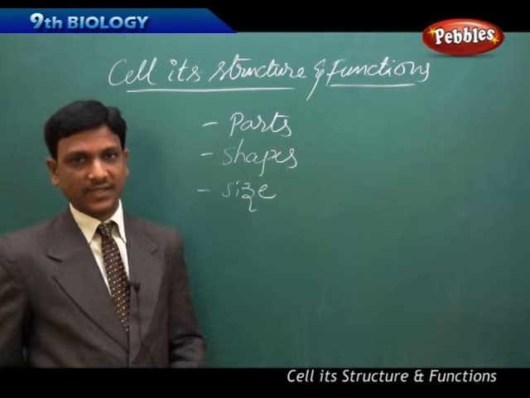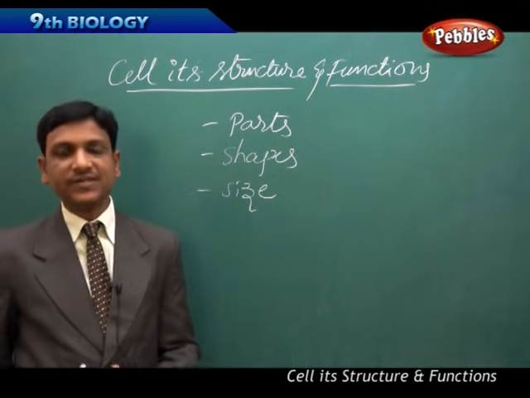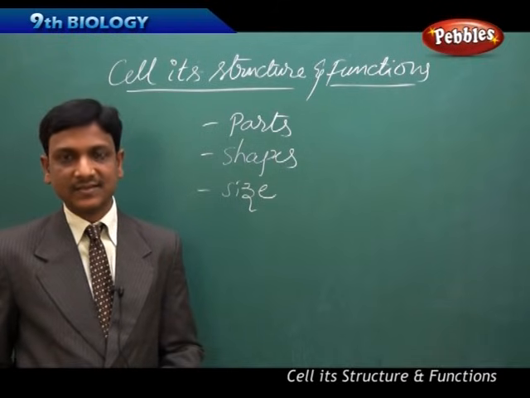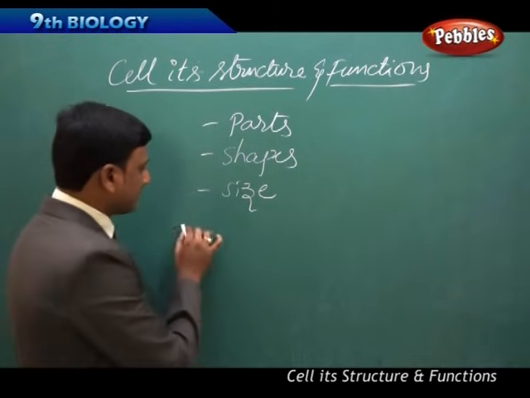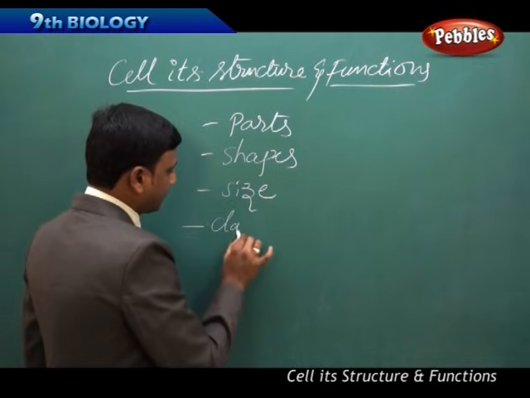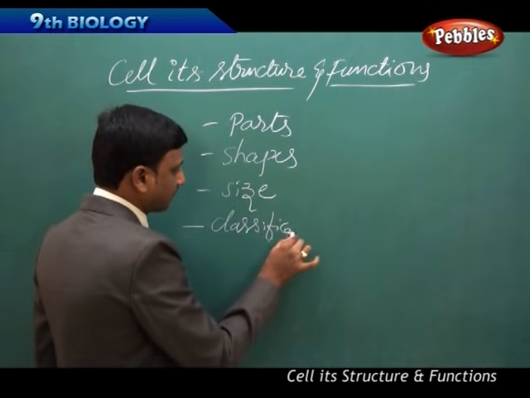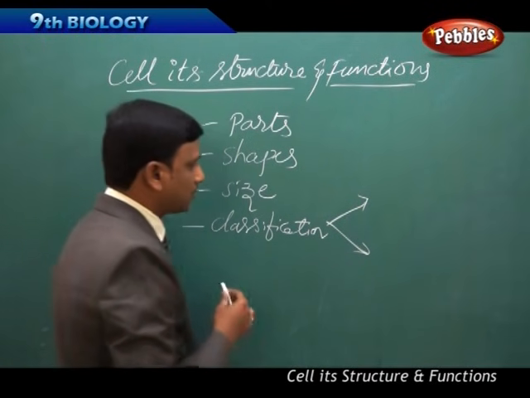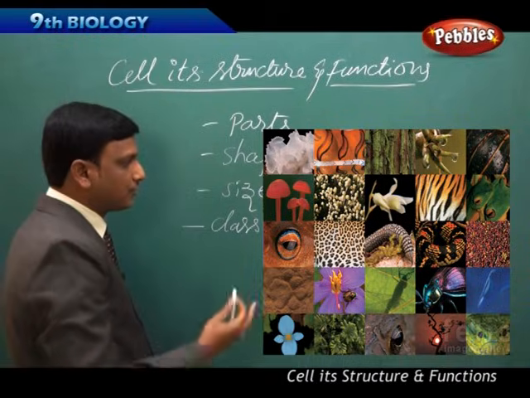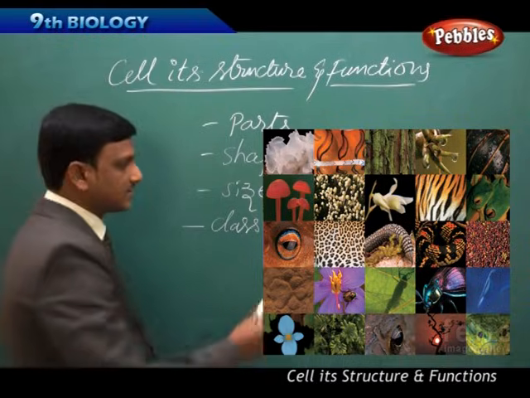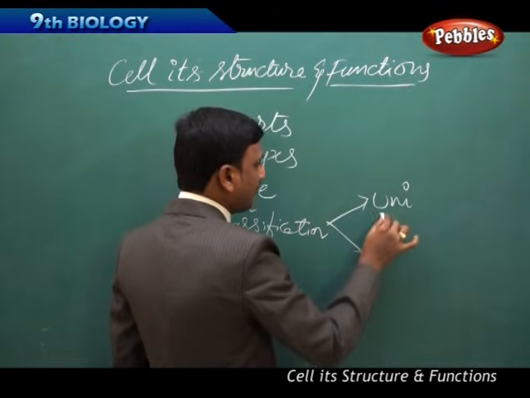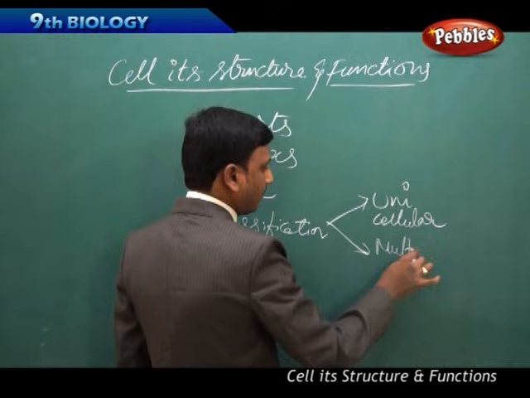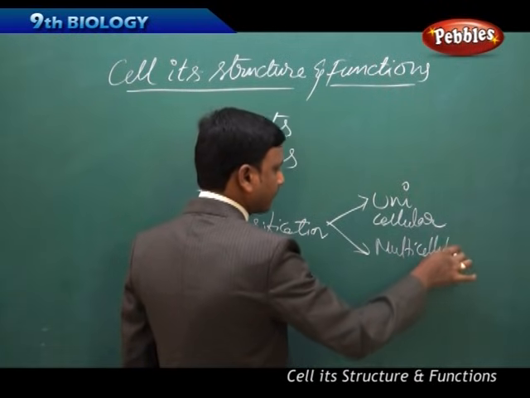We also learnt about the classification, division of organisms based upon the number of cells they contain. All the organisms are divided into two groups according to the number of cells, that is unicellular and multicellular.